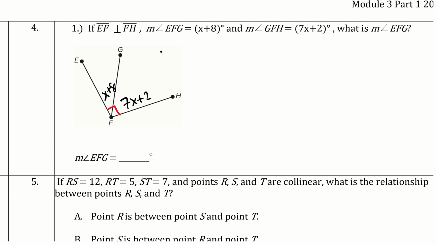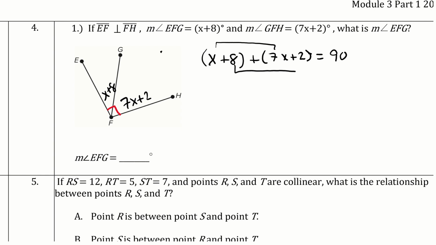All right, so that means these two angles must add up to 90 degrees, right? So we're gonna add these up, and they should add up to 90 degrees. Right angle.